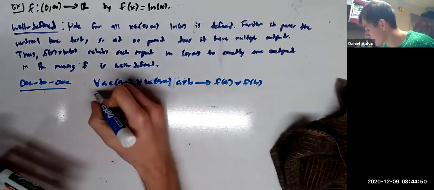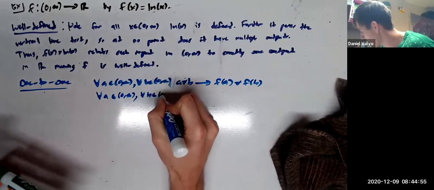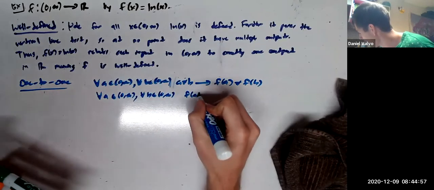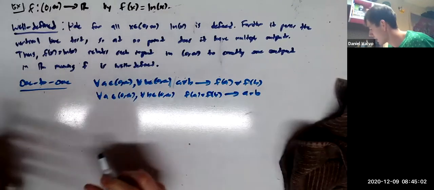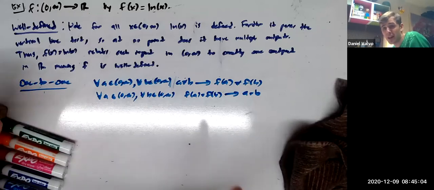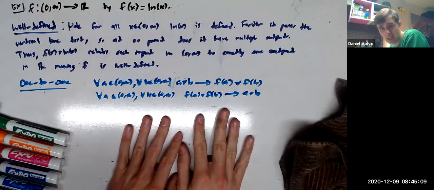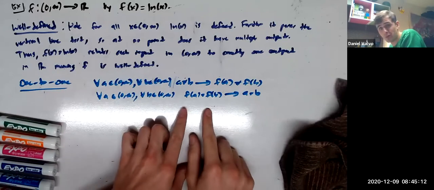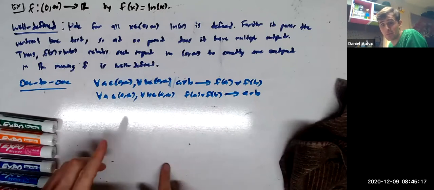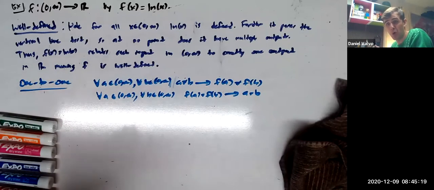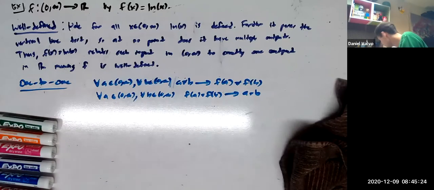If you take the contrapositive of this, it is saying that for all A in (0, infinity) and for all B in (0, infinity), f of A equals f of B implies that A equals B. And we talked in class why this makes sense. It makes sense because if our function truly is well-defined, then if you have an A and B such that f of A equals f of B, then A and B must be the same thing, because we don't want any two different elements to map to the same thing.